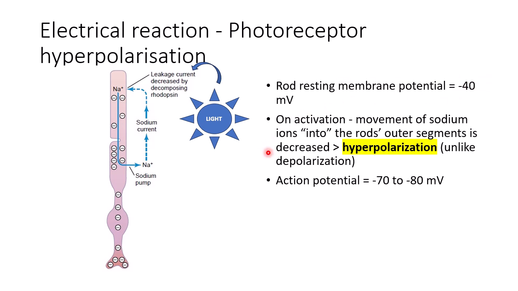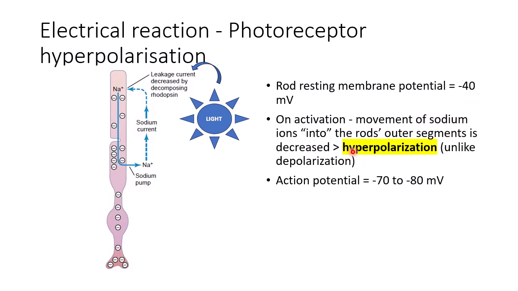Now, what happens on activation is that the movement of sodium ions back into the rod outer segments is decreased. So less of positive charge is moving inside. So the negative charge that was already there is becoming even more negative. Got it?